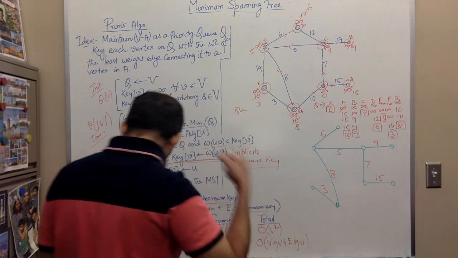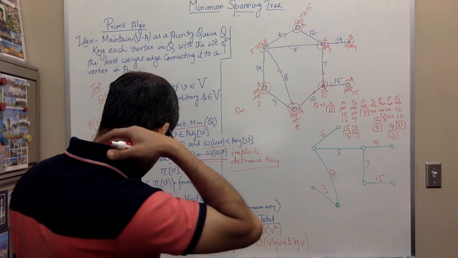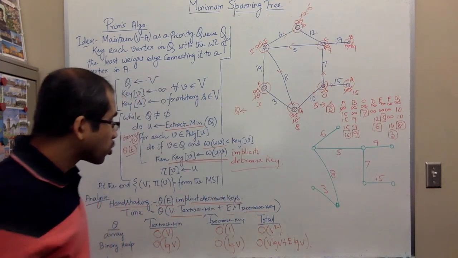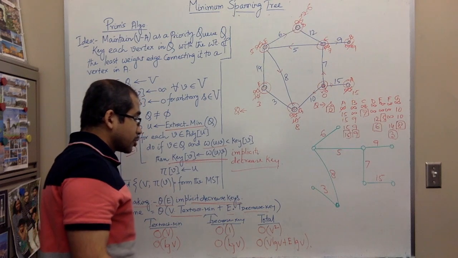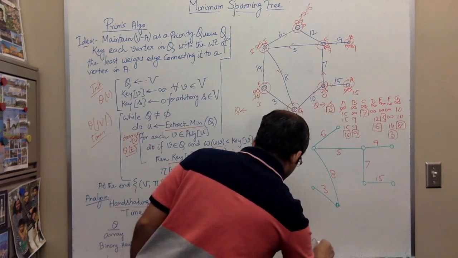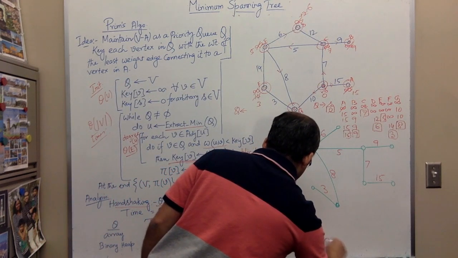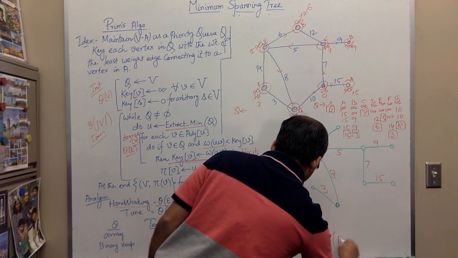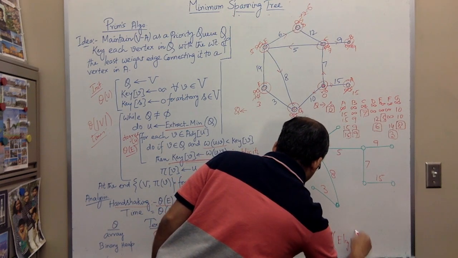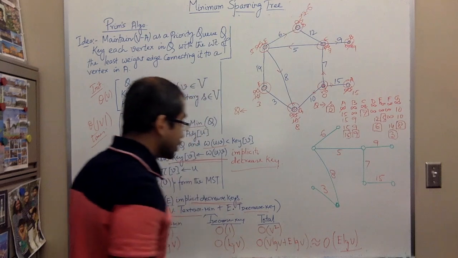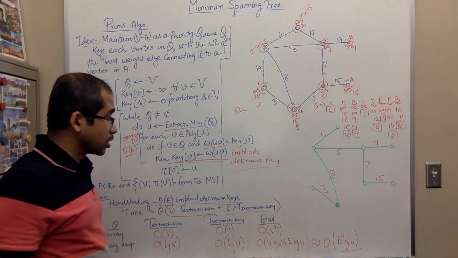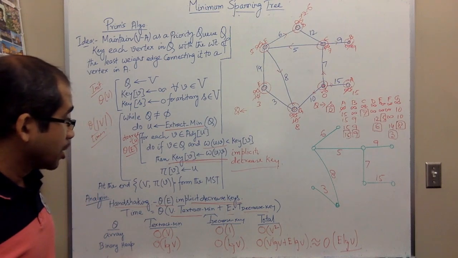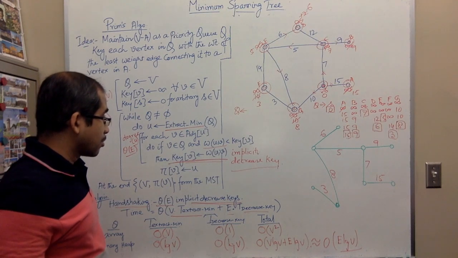In graphs usually the number of edges is more than the number of vertices. Usually. So most of the time this can be approximated by the higher order term, which is e times log v, because edges are mostly higher in number than the number of vertices.